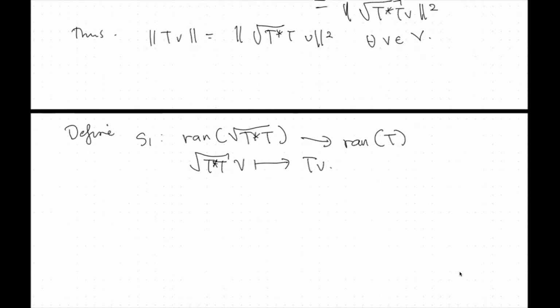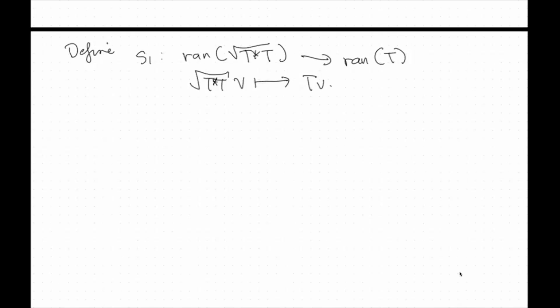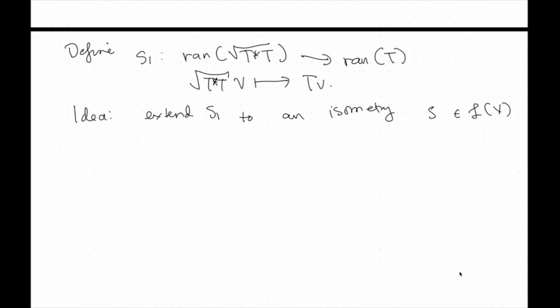The idea is to extend S1 to an isometry, not just on the range, but on the whole L(V), such that your T will be S times the square root of T star T. This is what we want to show.